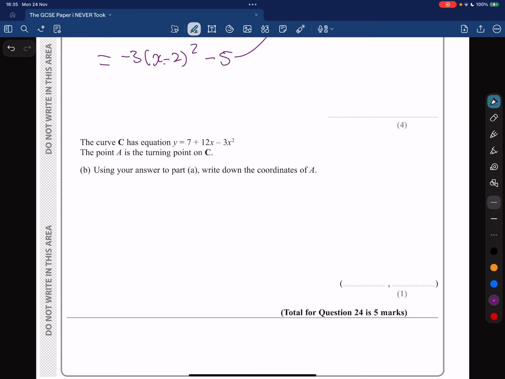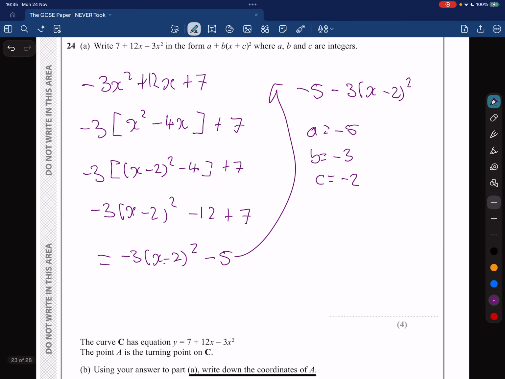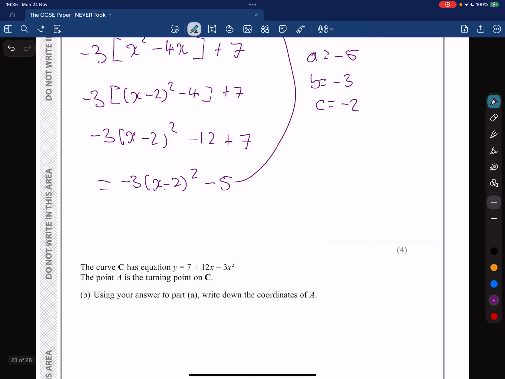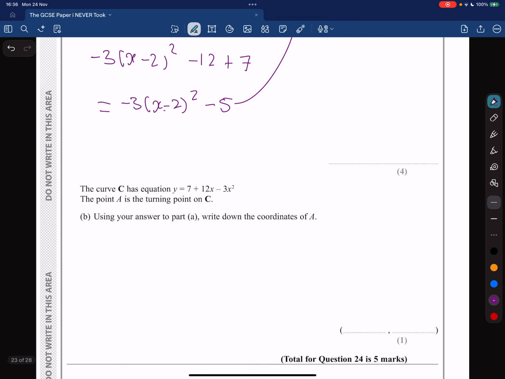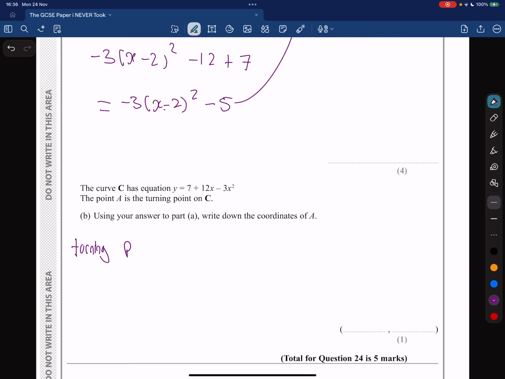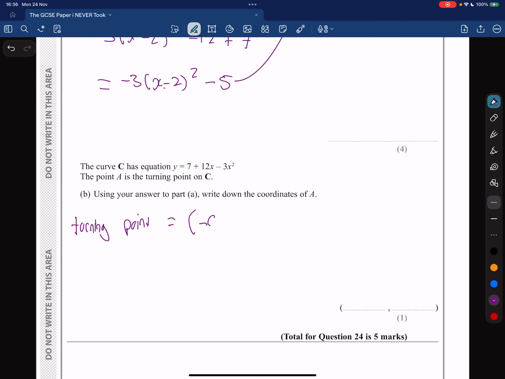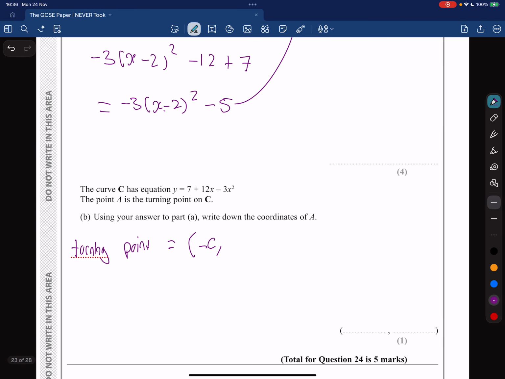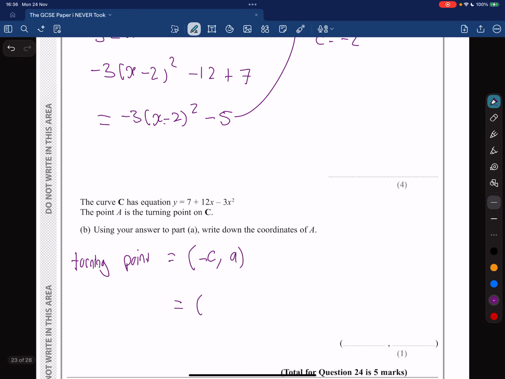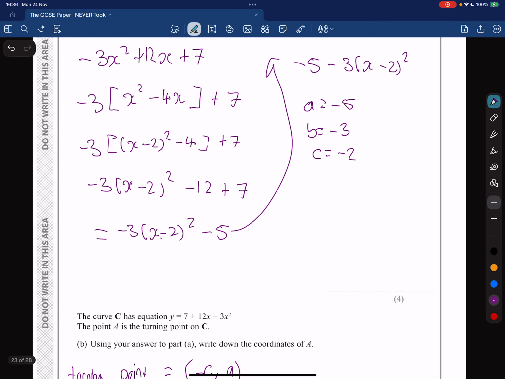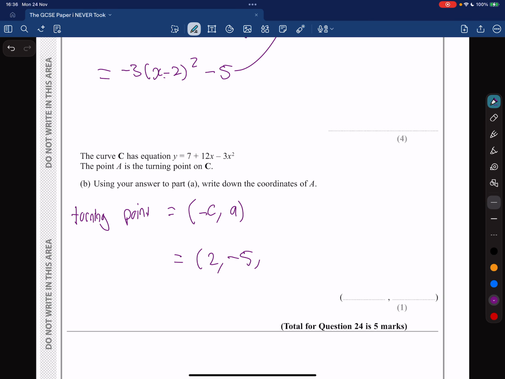The curve C has an equation, and the point A is the turning point on C. Using your answer to part a, write down the coordinates of A. So here, the turning point is equal to minus c, comma a, which is equal to 2, minus 5, because c is minus 2 and it's minus c, and a is minus 5.